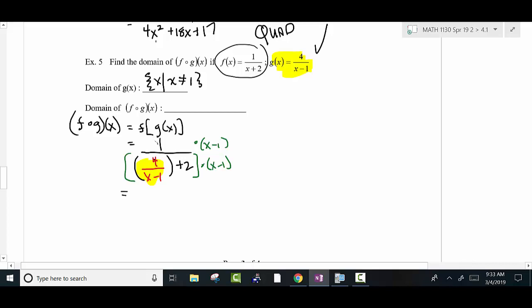So the numerator is just 1 times x minus 1, which is x minus 1. The denominator, you're doing a distributive property. So the first thing you'll have is 4 over x minus 1 times x minus 1, which is going to, of course, wipe that out. Then you multiply it by this, so that's going to be plus 2 times x minus 1 like that.